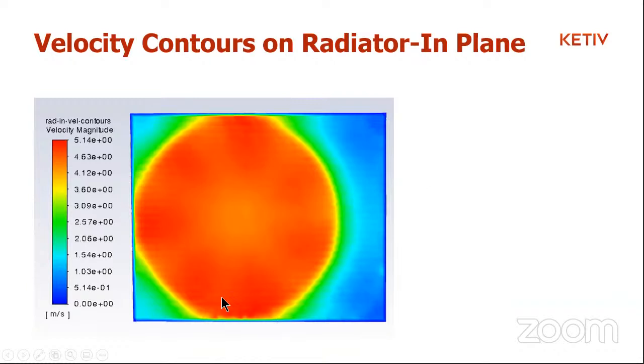So this could be another indicator for you to rethink your cooling package design and perhaps place the fan differently, or work with the shroud design to make sure that you're getting a more uniform flow index on your radiator in plane, right?